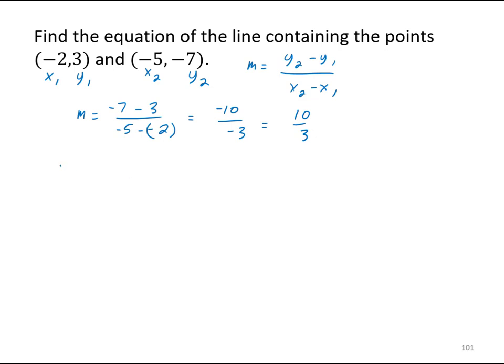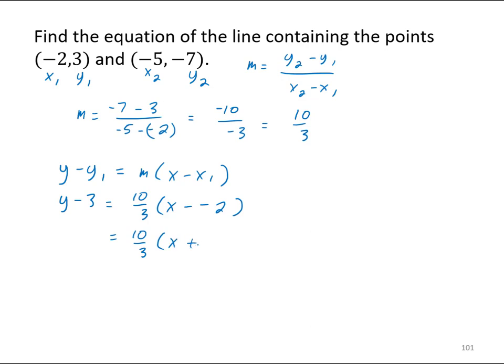So we'll take our point-slope form, y minus y1 equals m times (x minus x1). And because x1 and y1 are negative 2 and 3 respectively, and our slope is 10 thirds, this becomes y minus 3 equals 10 thirds times (x minus a negative 2), which, subtracting a negative becoming positive, becomes 10 thirds times (x plus 2) on the right hand side.